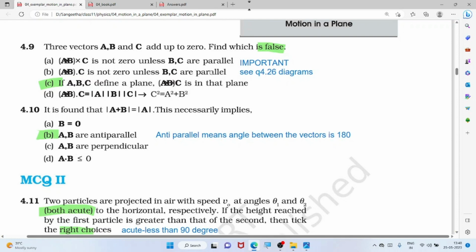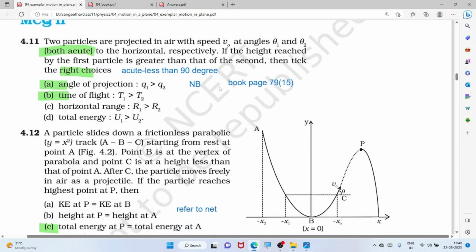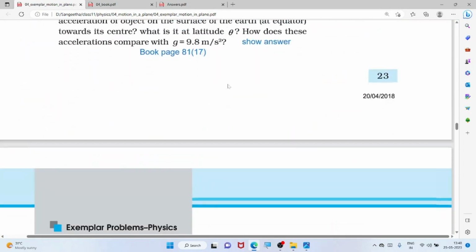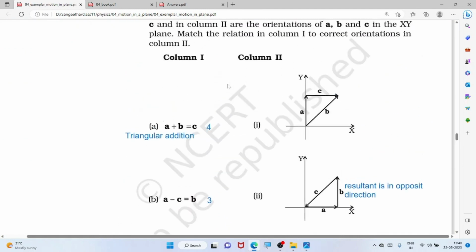Okay, see, in question 26 they have given which is false. See, they have given some vectors.